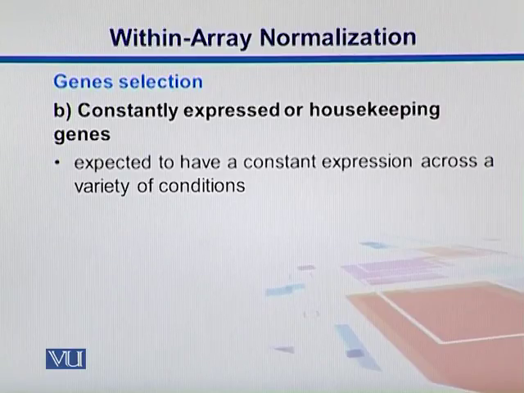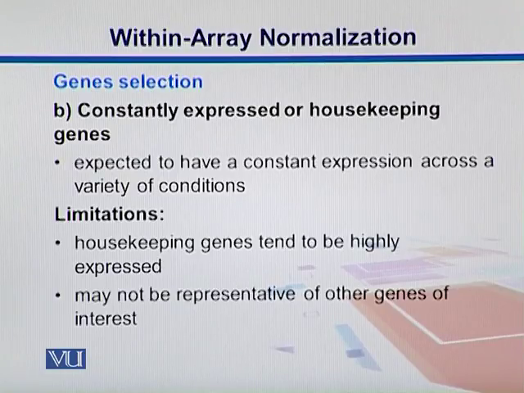So we take all those genes, then we need to identify the genes which are housekeeping genes, which are always there and whose expression is constant. So we need to have them in the experiment. Housekeeping genes normally tend to be highly expressed, and they may not be the representatives of other genes of interest.